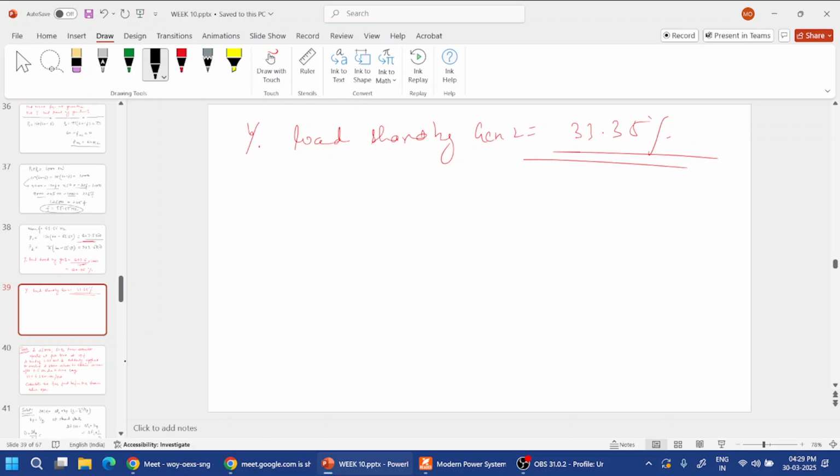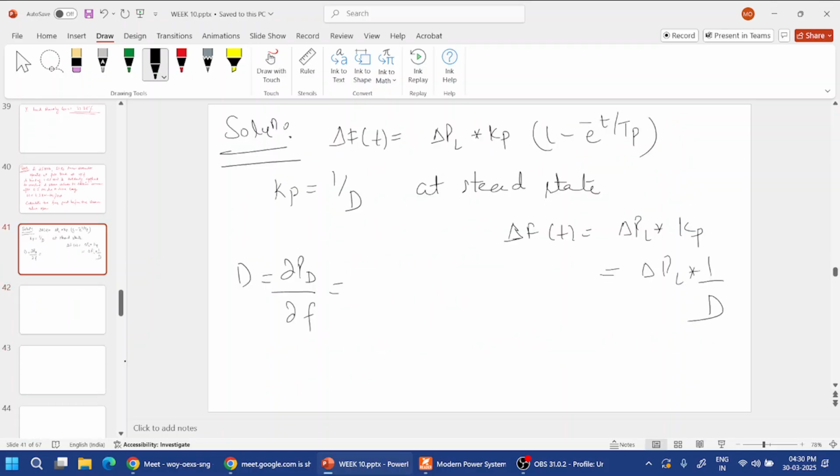Just a second. Let me see. There is some problem in this question. So basically, we have to find the del PD. The change is applied to the load. How much load is applied? 1.25. This is the change in the load divided by the change in frequency, and it is not given here. Okay, just a second.